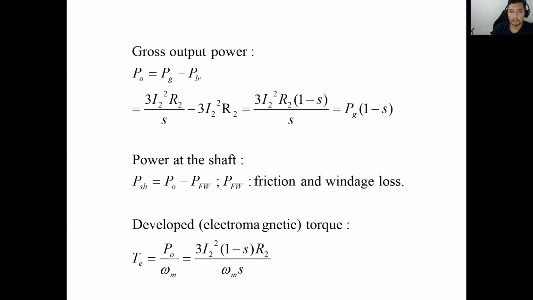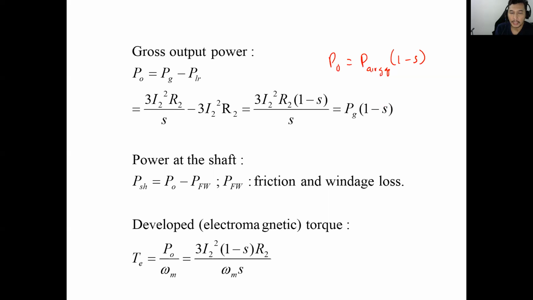So the gross output power is P out. This is the power transferred to the rotor minus the losses at the rotor side. So we have P out, which is equal to P air gap multiplied by (1 minus S).